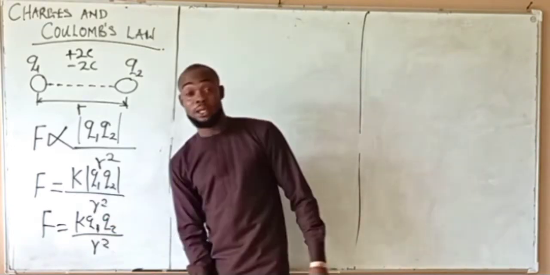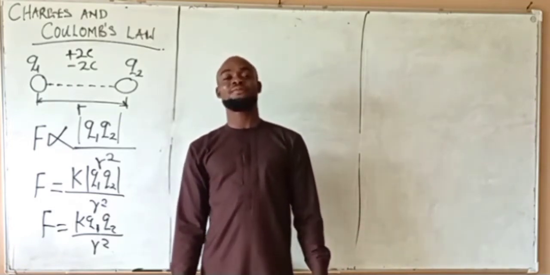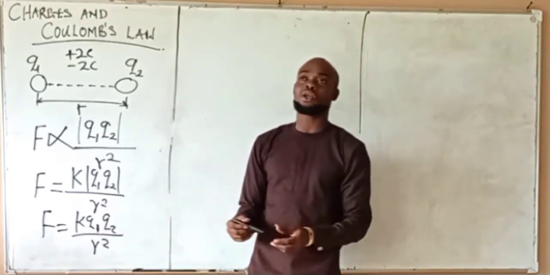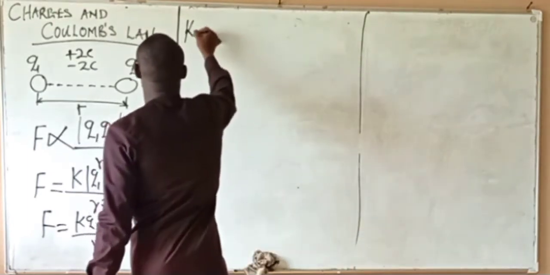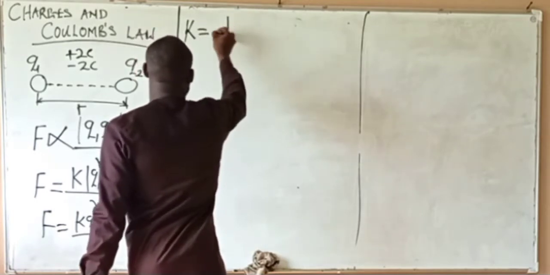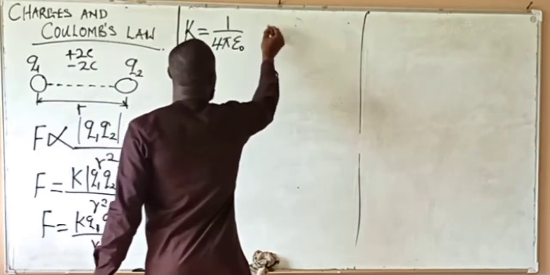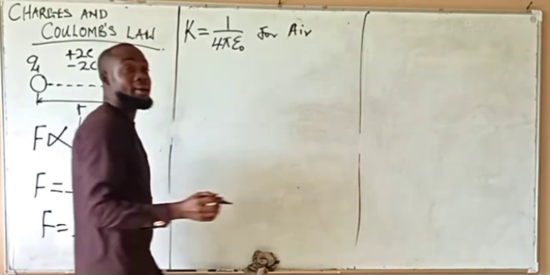Now what is K? K is called the constant of proportionality, or electric force constant, or Coulomb force constant. And K is equal to 1 over 4 pi epsilon naught for air. Why?